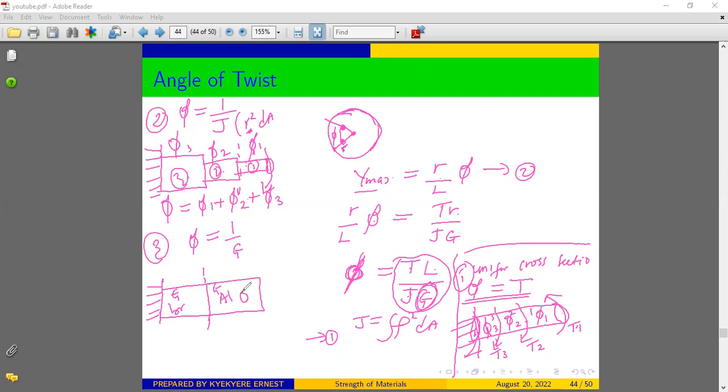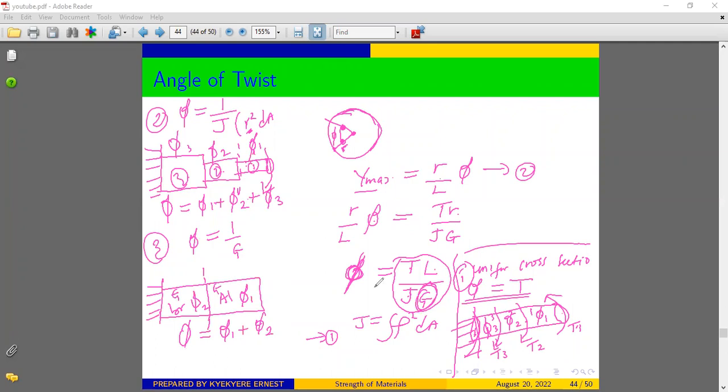Therefore, I need to calculate the angle of twist for this side and the angle of twist for that side, and my total angle of twist is going to be the angle of twist in the first section plus the angle of twist in the second section.